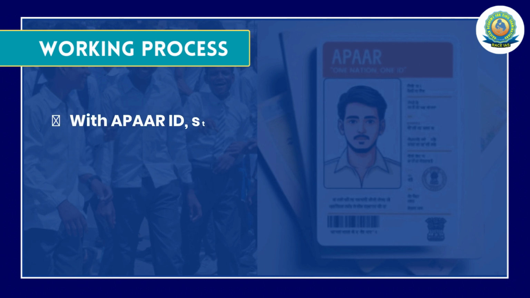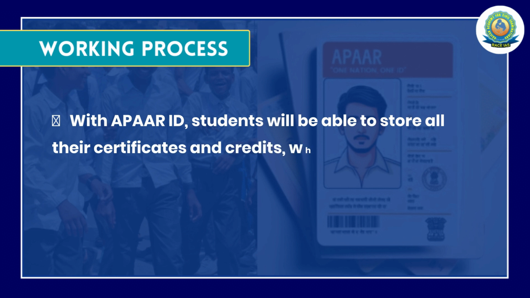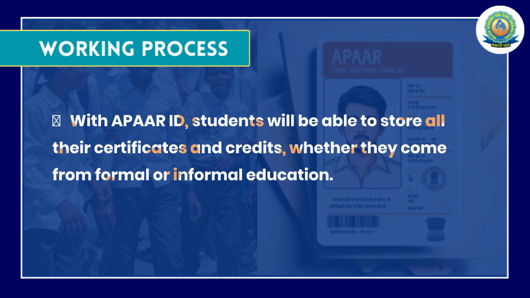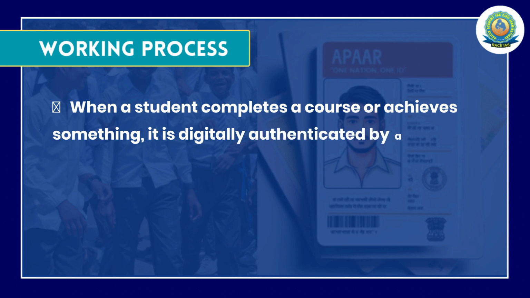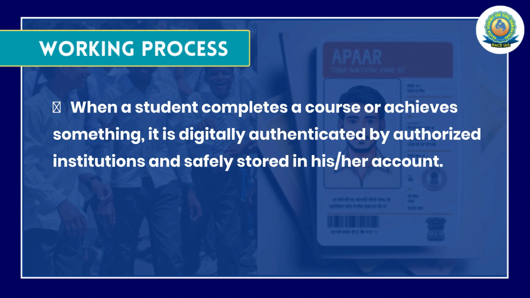With Apaar ID, students will be able to store all the certificates and credits, whether they come from formal or informal education. When a student completes a course or achieves something, it is digitally authenticated by authorized institutions and safely stored in his or her account.